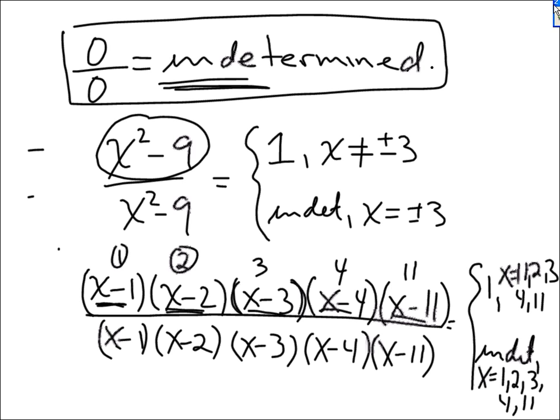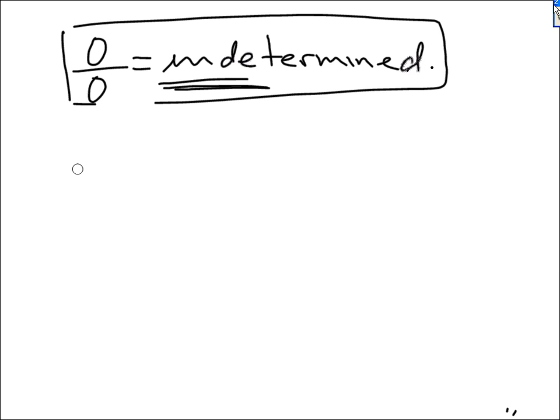Now, I said that there are examples where, just because you have variables, it won't be indeterminate ever. It's indeterminate when the top and the bottom is 0.